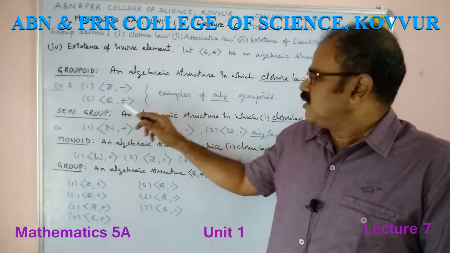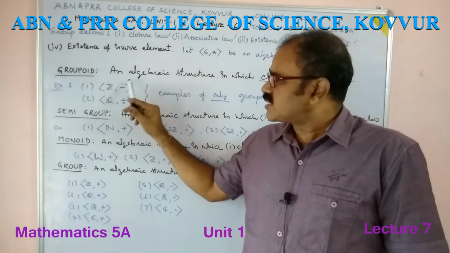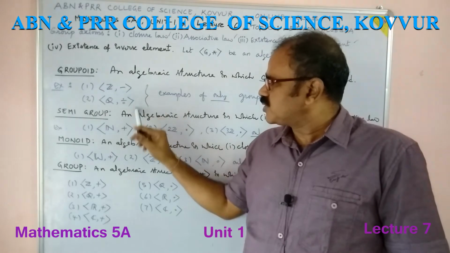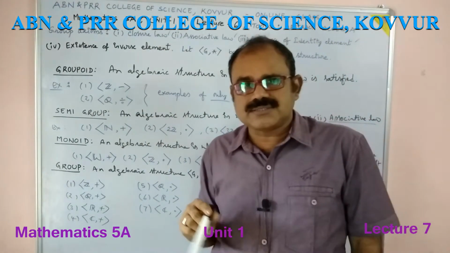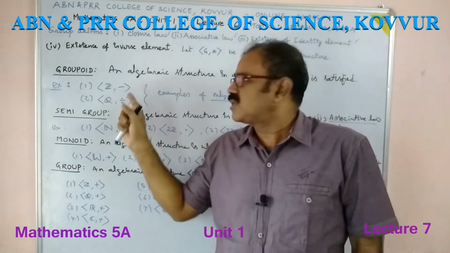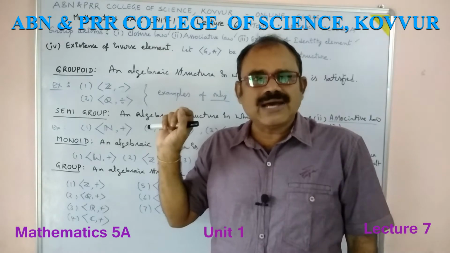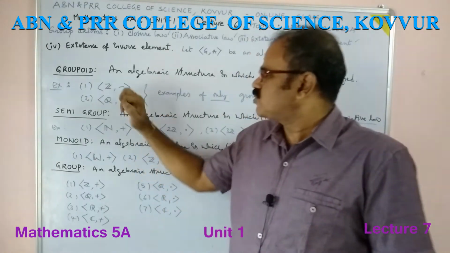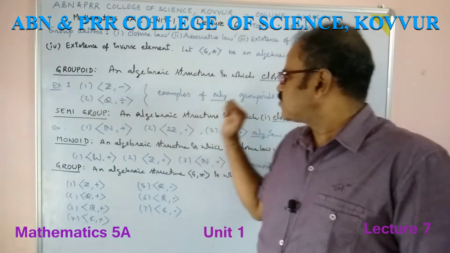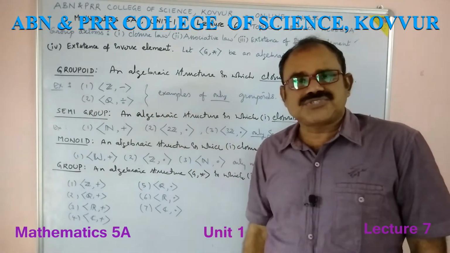In the similar way, Q with divided by. We have discussed the associative law in the previous classes. At that time, I gave these two examples. These are the algebra structures which do not follow the associative law. These two algebra structures follow closure law, but they do not satisfy associative law.